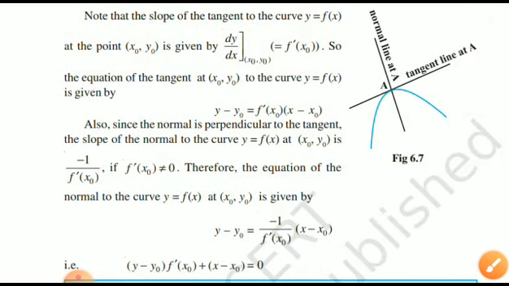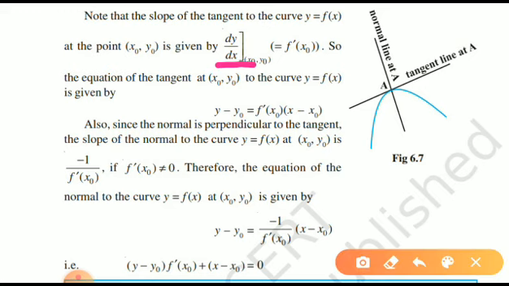Now the slope of a tangent to the curve y equal to f of x at a point x0, y0 is given by the derivative, that is dy by dx at point x0, y0.